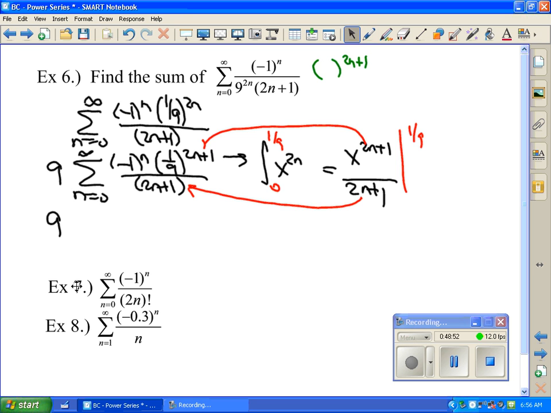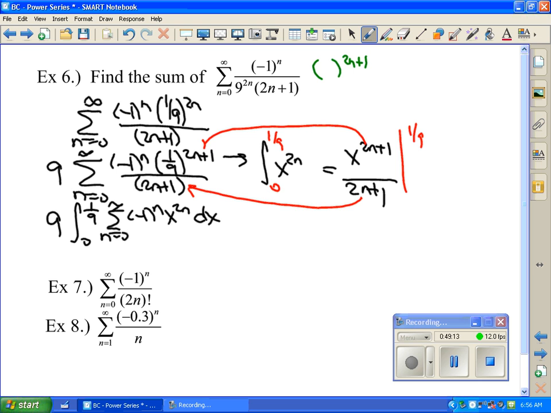So we're going to rewrite this as the integral from 0 to 1/9, the summation, negative 1 to the n, x to the 2n. And notice that the integral of x to the 2n takes care of both of the 2n plus 1s, the one in the exponent and also the one in the denominator. I'm going to rewrite this since they're both technically to the powers of n.